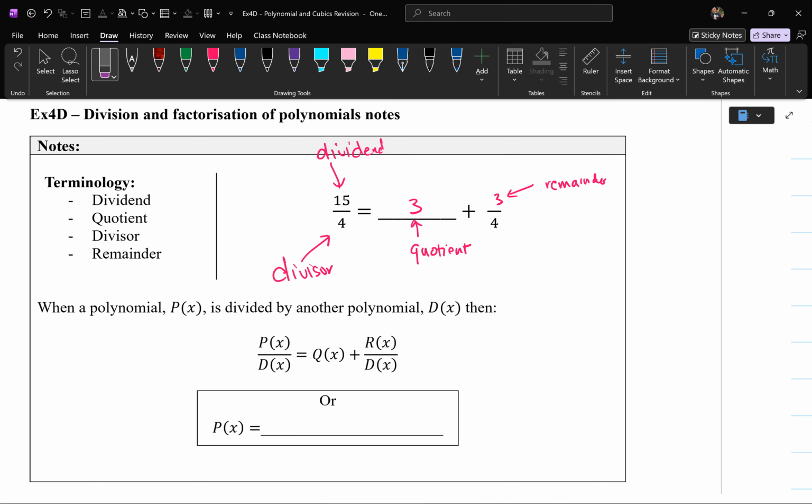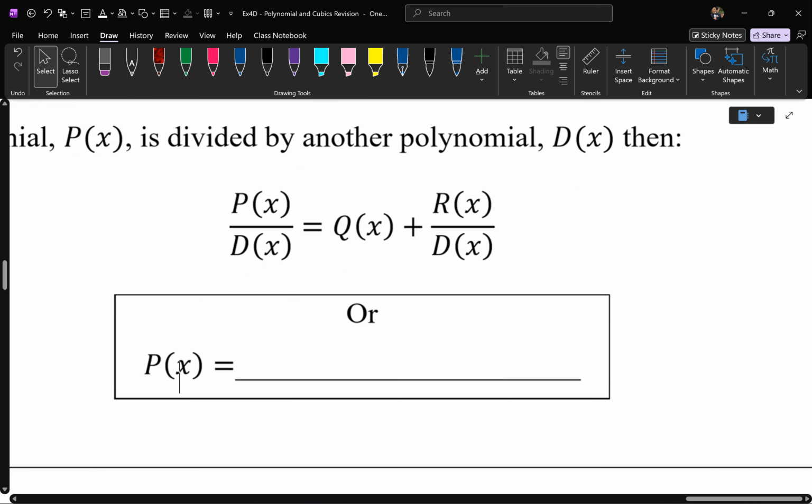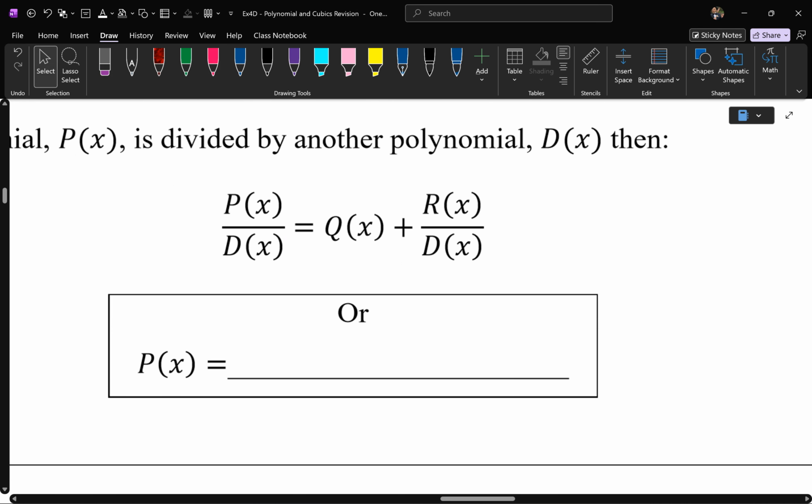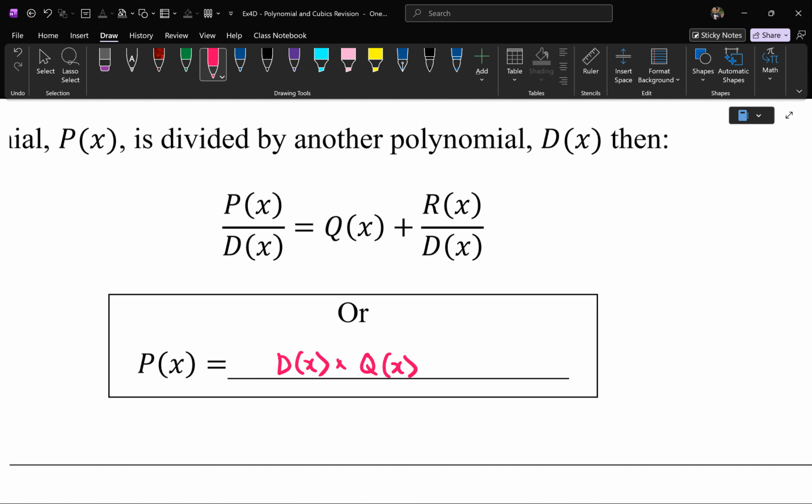But last year, in your exercise or textbook, they gave you this formula. They wrote P of X for a polynomial, equals D of X, which is what you're dividing by, multiplied by Q of X, which is your quotient, what's left over, plus R of X, your remainder. Now this is where that theory comes in. If the divisor was X minus 1, that's why they said if you sub 1 in, whatever the answer is, that is your remainder.